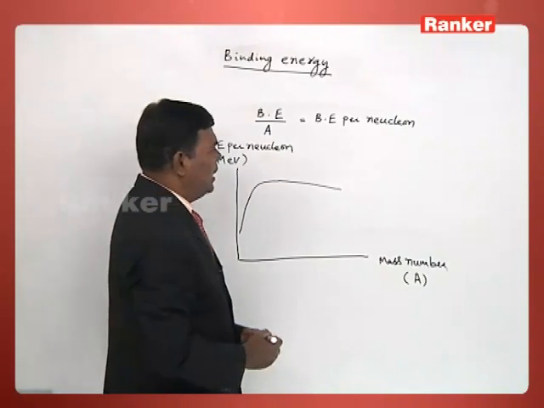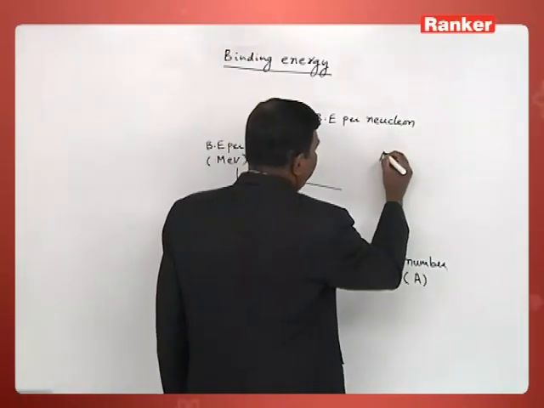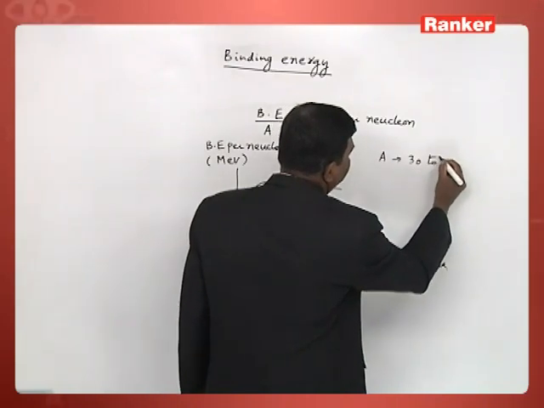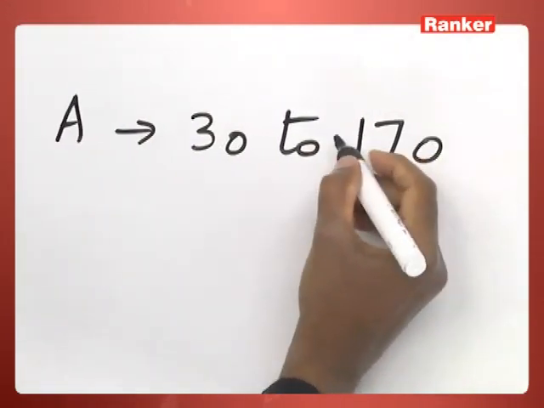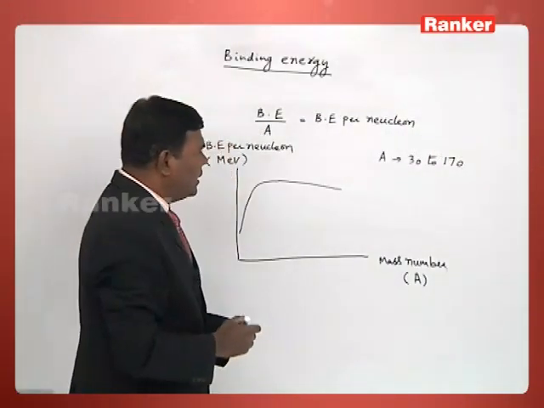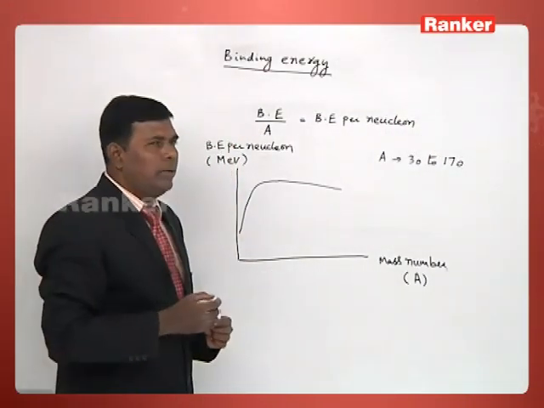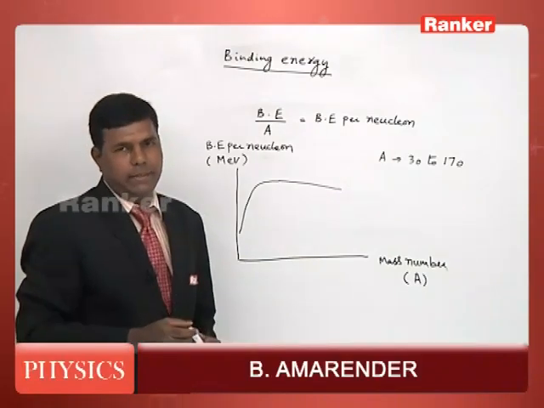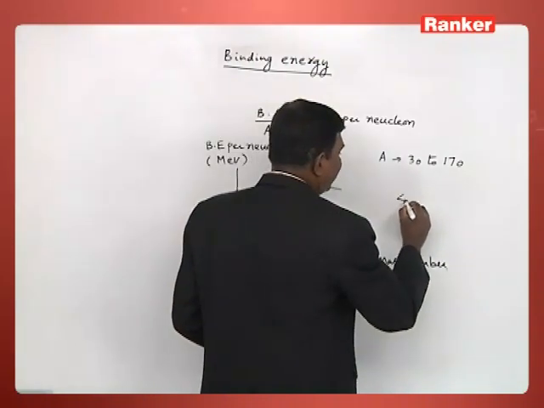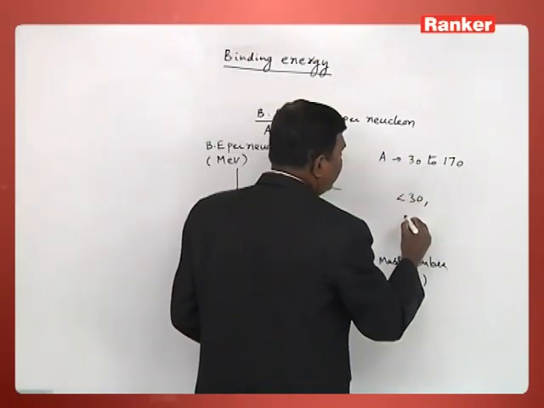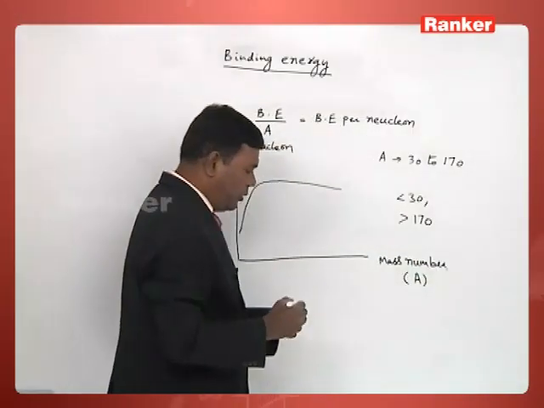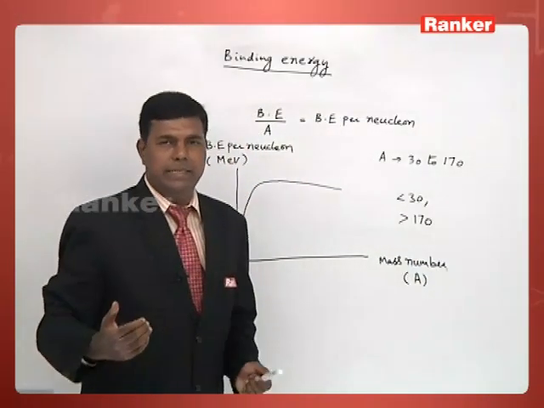Generally it is observed that for nuclei with mass numbers 30 to 170, the binding energy per nucleon remains fairly constant. If the mass number is less than 30 or greater than 170, the binding energy per nucleon gradually decreases.